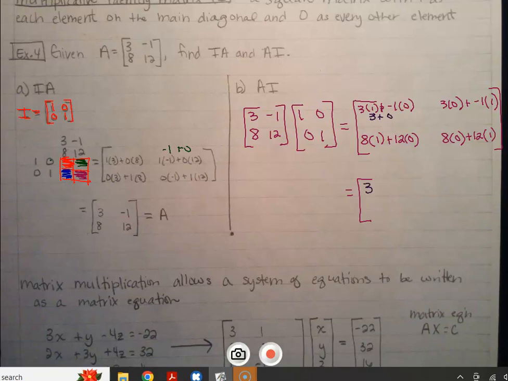So it's going to be 3. 3 times 0 is 0, plus -1 times 1 is -1, so this is just going to be -1. 8 times 1 is 8, plus 12 times 0 is 0, so that's 8. 8 times 0 is 0, plus 12 times 1 is 12. What happened? Nothing. It didn't change anything because we're just multiplying it by that identity matrix. We're just practicing at this point, essentially.